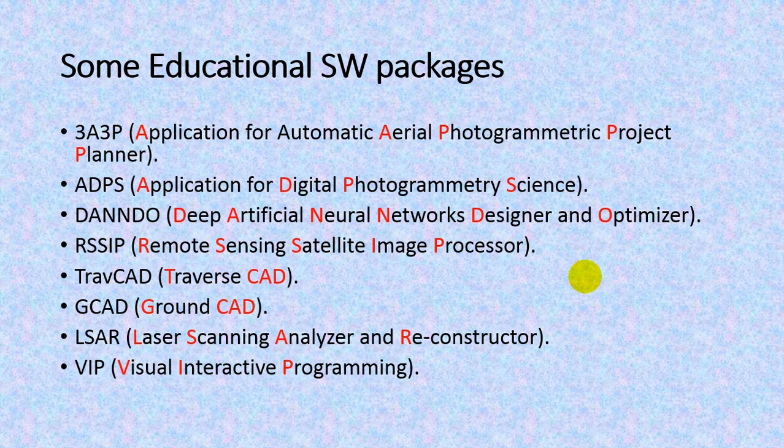The third application is DANDO, Deep Artificial Neural Networks Designer and Optimizer. It is a software used to apply deep artificial neural network algorithms such as MLP, or multi-layer perceptron by backpropagation neural networks.